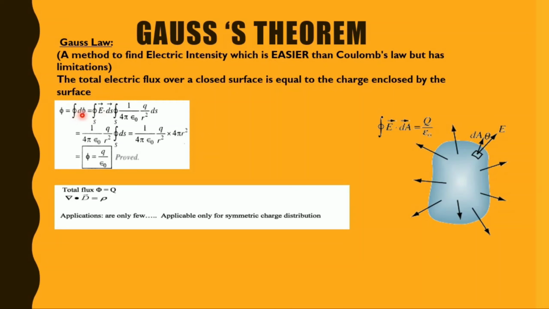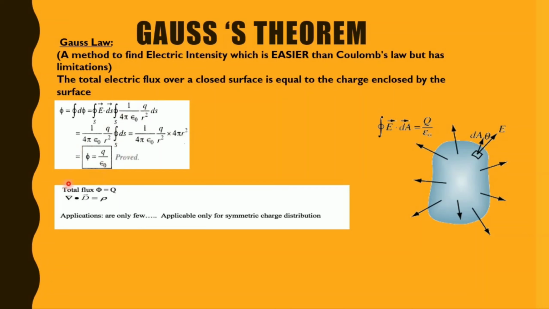We know that d phi is equal to E dot ds, and when we solve this as 1 by 4 pi epsilon naught, q by r square, ds. All of these are constant, so they come out, and we know that the integral of ds is 4 pi r square. So we get phi is equal to q by epsilon naught.